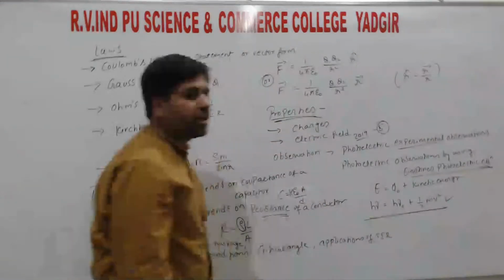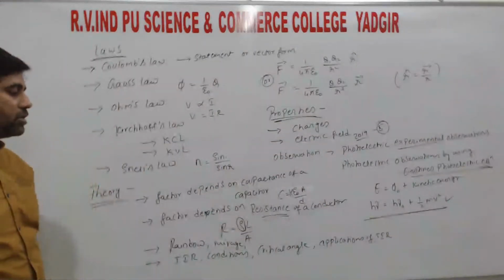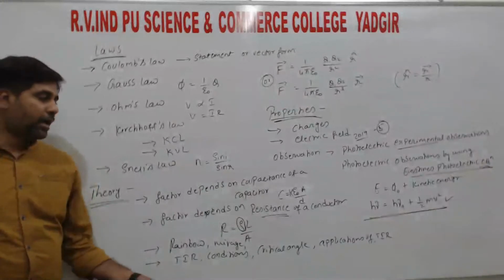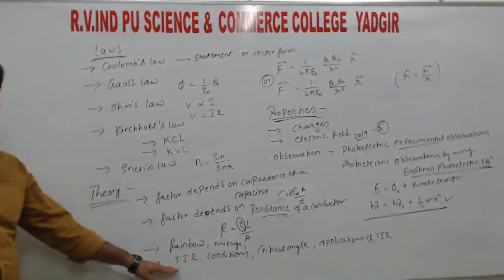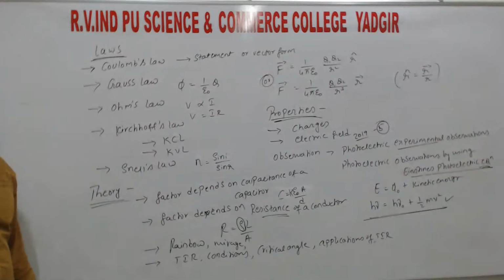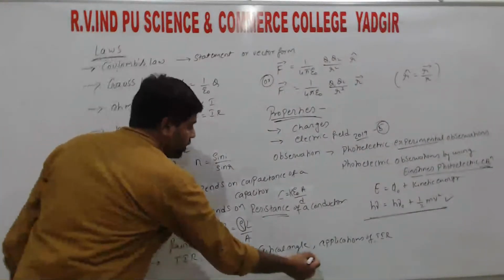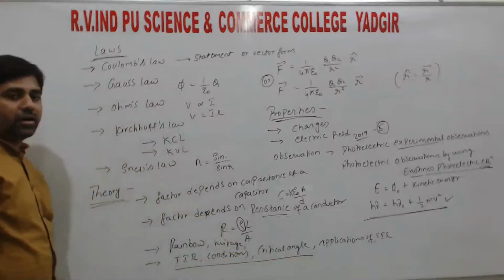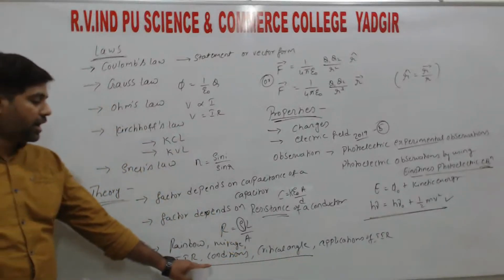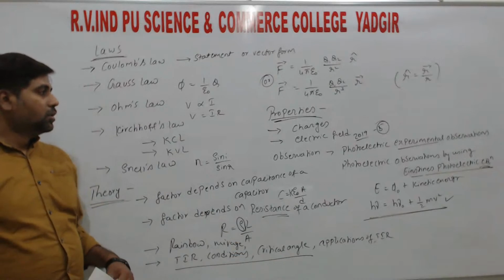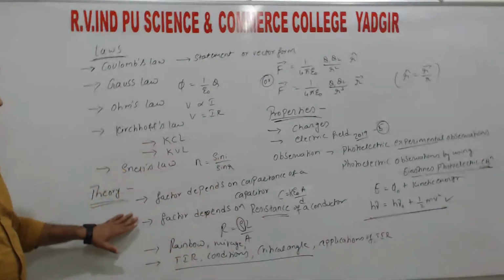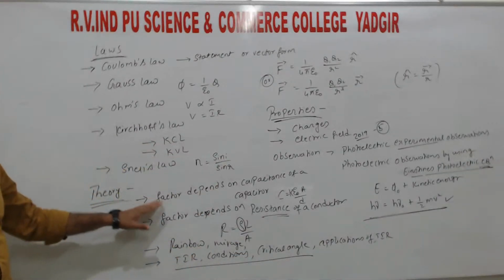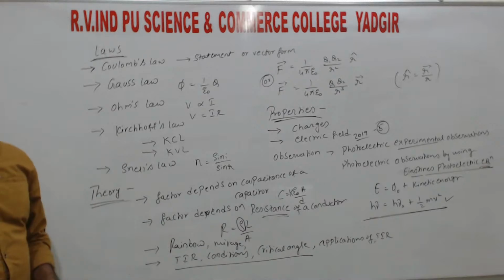Applications means examples: we use it in optic fibers and in binoculars. So the main important ones are these three: critical angle, and total internal reflection definition and conditions, right? These are the important properties theory.